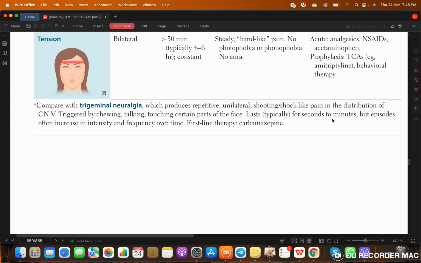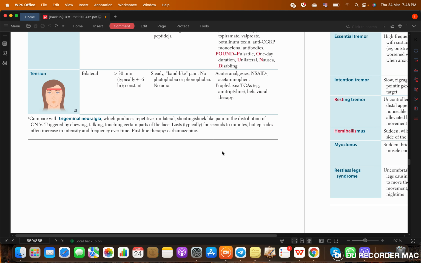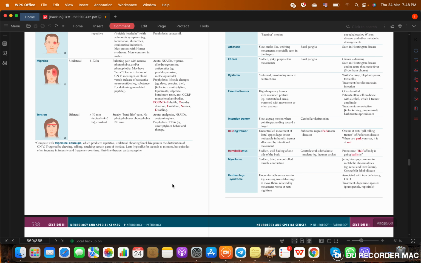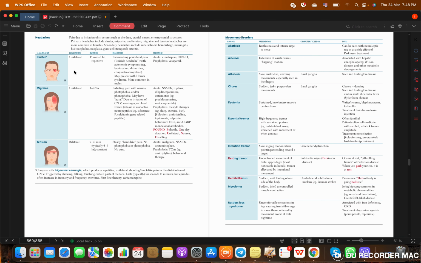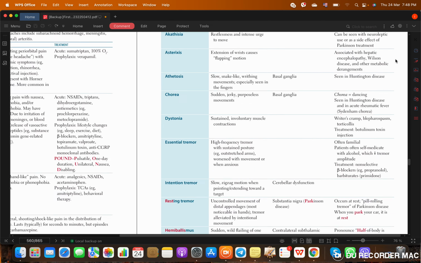Okay? It is triggered by chewing, talking, touching certain areas of the face, and it can last seconds to minutes. But episodes often increase in intensity and frequency over time. The first line therapy in that case is carbamazepine, okay? In trigeminal neuralgia, I mean, not cluster headache. Cluster headache is sumatriptan and O2. Don't forget about the O2.